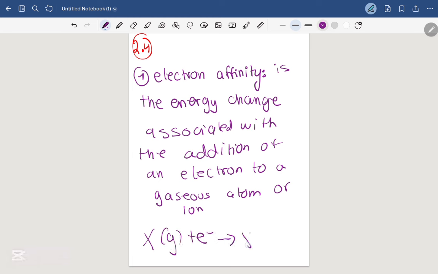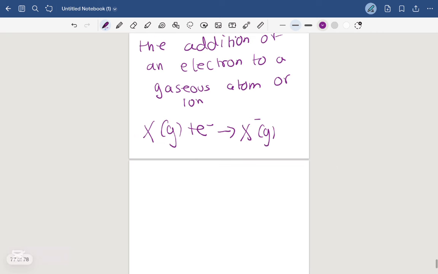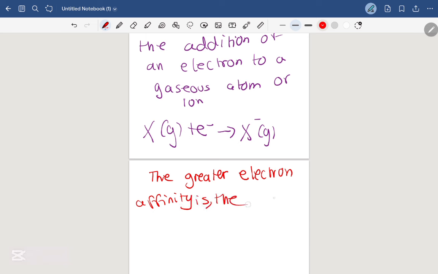We need to know that the greater the electron affinity is, the more negative its value.